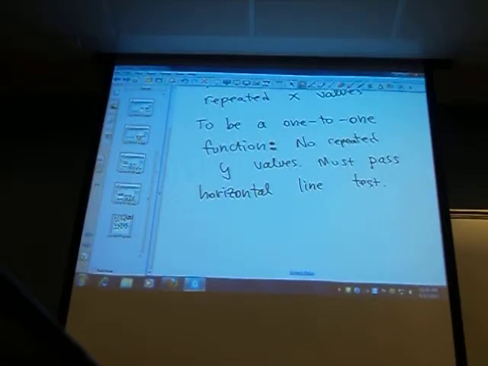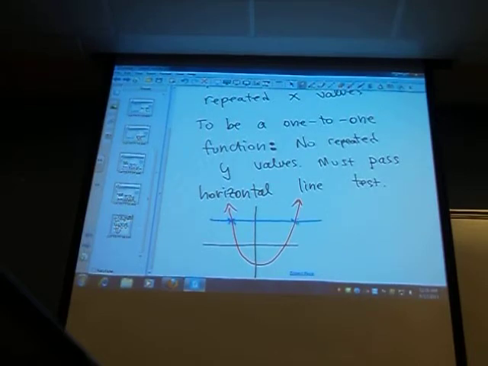So if I drew something like this, a parabola, yes, that's a function, but it's not one-to-one because these 2 points here would have the same y value.